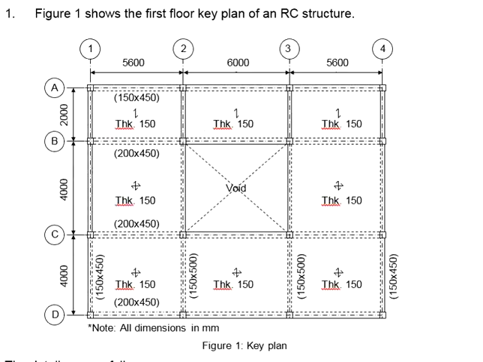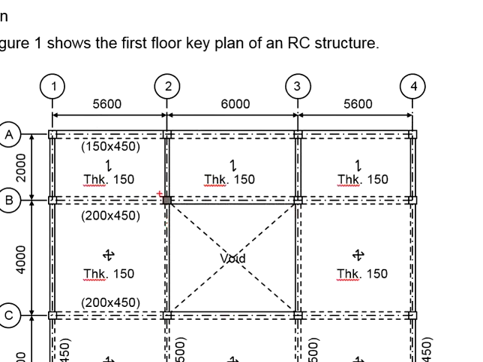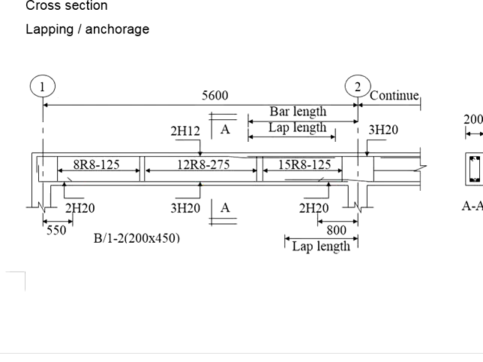For a typical key plan, if the column is not going up, it is normally not H. Let's say now this column is H and this column is not H. That means you have this column going up, but this column stops at this level. In this case, if you sketch the detailing, this column is not going up, therefore it stops here, and this column will go up. That means you have to sketch to indicate the column is going up here.